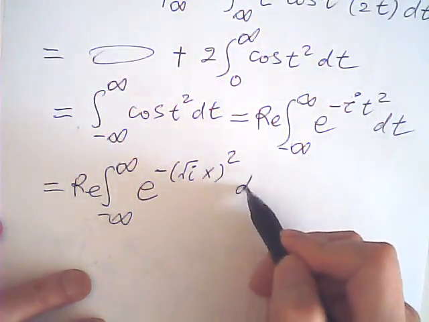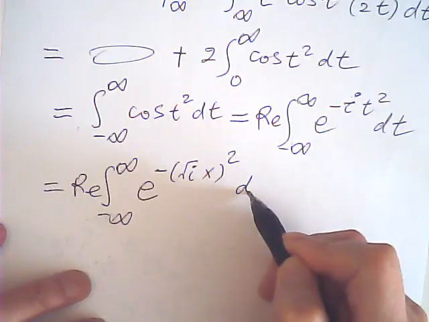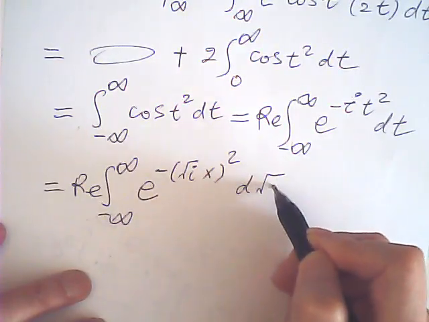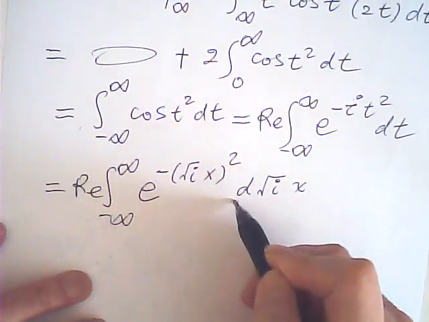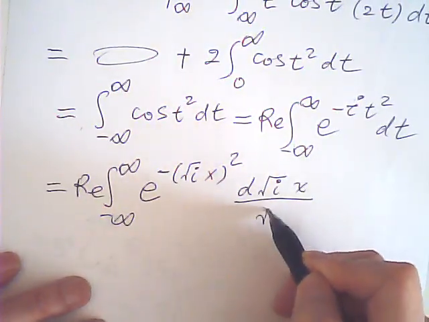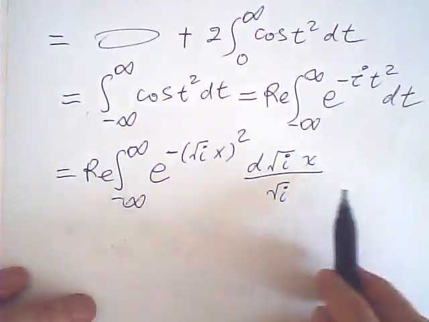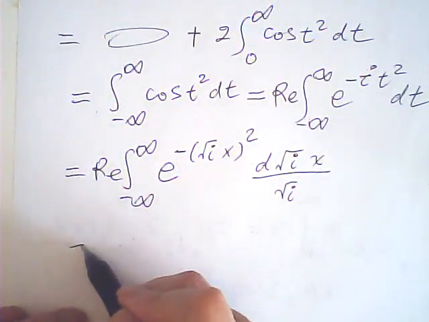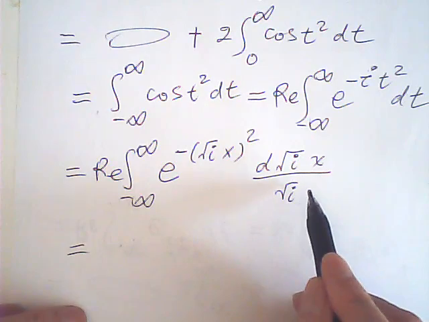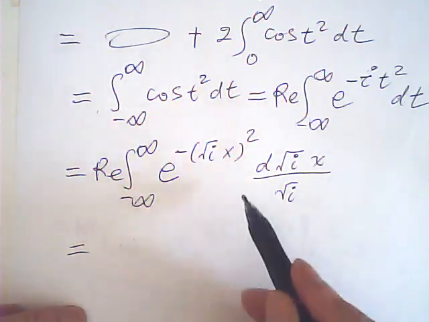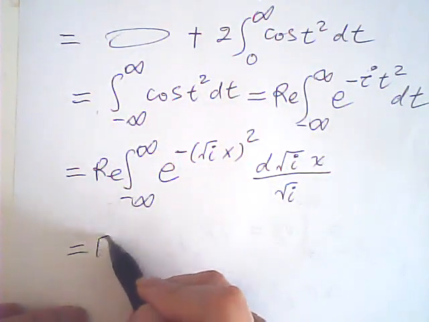And dt, I can write as d of square root i x over square root i. What I want to express is this.